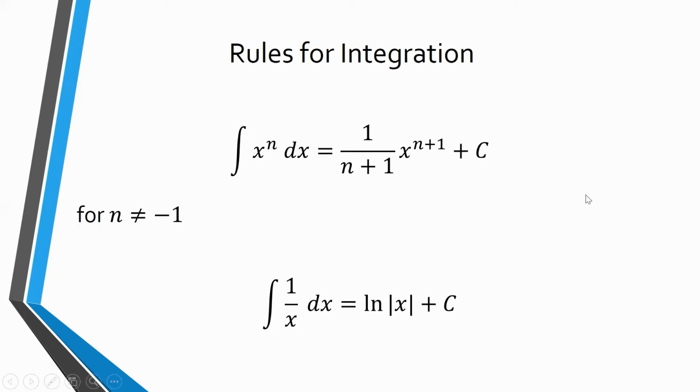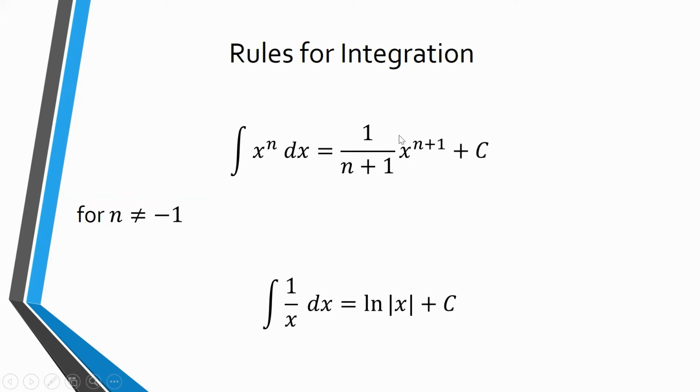Now let's go to the rules of integration that really reverse our rules for derivatives. For instance, what if we want to find the antiderivative of x to the nth power? Well, a polynomial piece, normally we'd bring the exponent down front and lower it by 1. So if I want to find the antiderivative, I need to increase the exponent by 1.